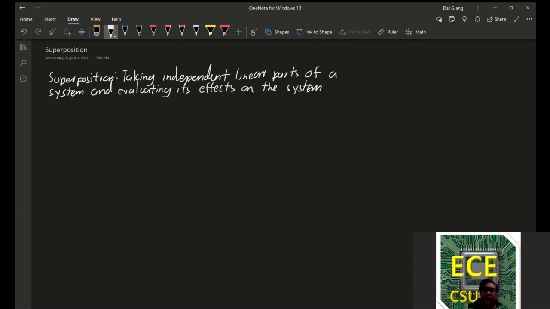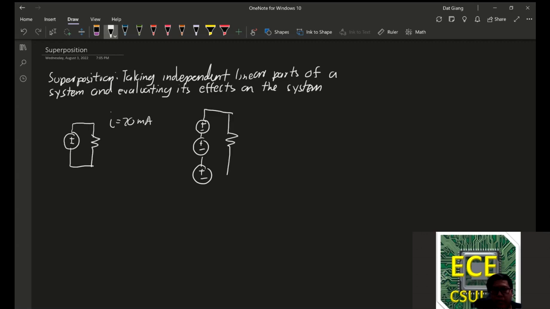So, for example, in the case of one battery source, let's say that this one battery source affects this resistor in some sort of way, maybe gives it a current of 20 milliamps. That's okay. But when we cascade multiple batteries together, like so, now we get more current that can be drawn onto the resistor.